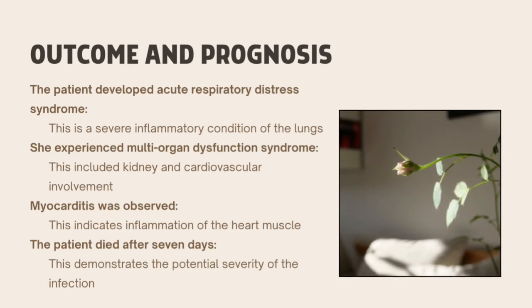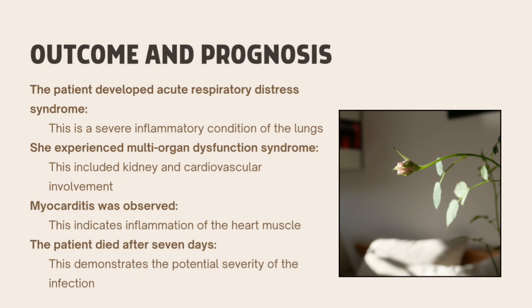Despite treatment, the patient developed severe complications, including acute respiratory distress syndrome, which is a life-threatening condition involving widespread inflammation in the lungs. She also developed multi-organ dysfunction syndrome, affecting multiple organ systems, and myocarditis, which is an inflammation of the heart muscle.